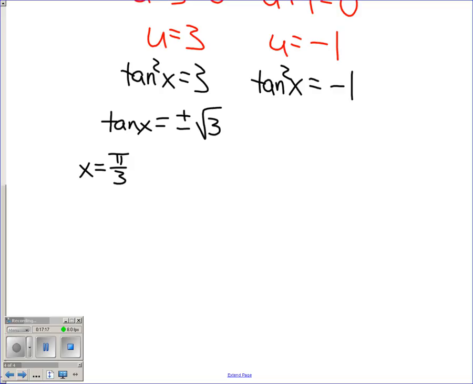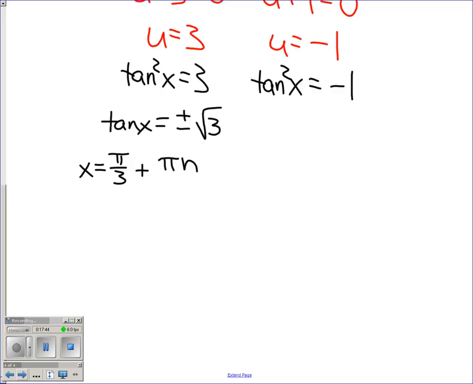So I'm going to take pi over 3 plus, well, where's the next time that occurs? Well, it's directly pi radians, or 180 degrees away from this. So I'm going to put plus pi in, all right? And that gets half of them. That's the positive case.